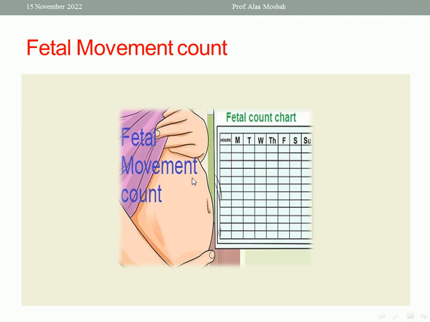Fetal movement count, first of all, you should know that the first perception of the fetal movement is called quickening, and it starts from 16 to 22 weeks.